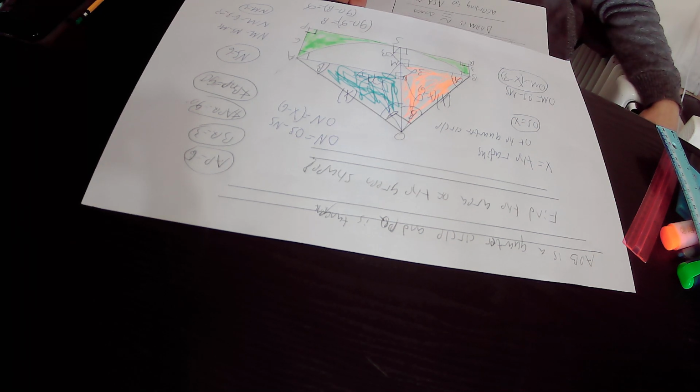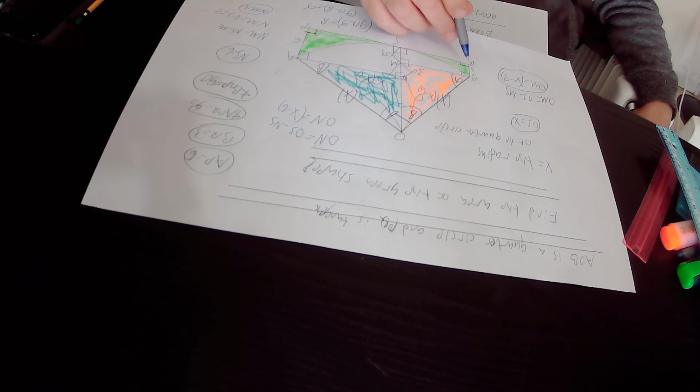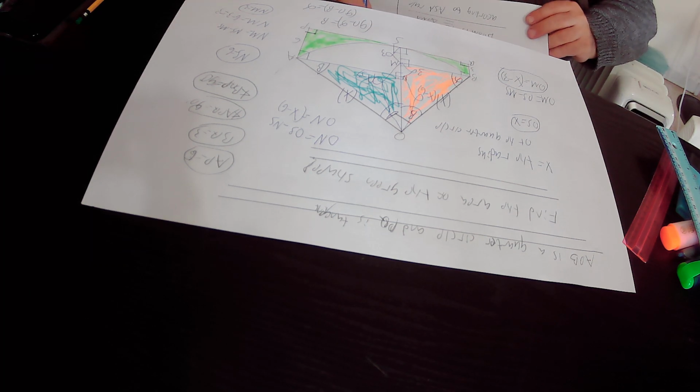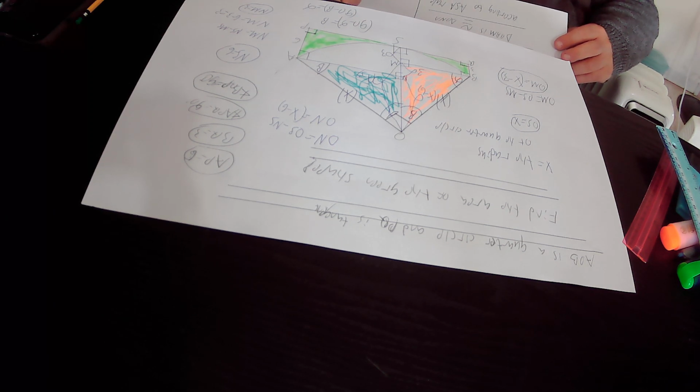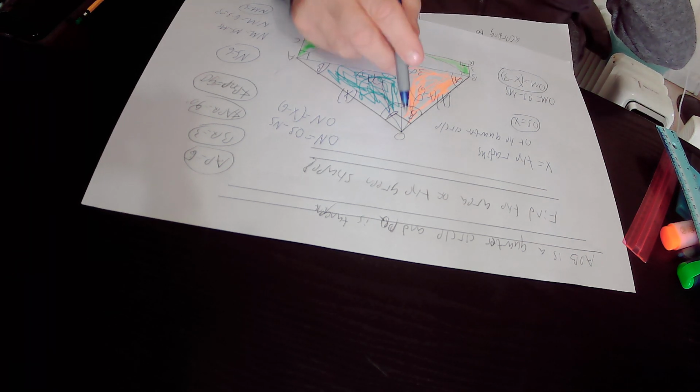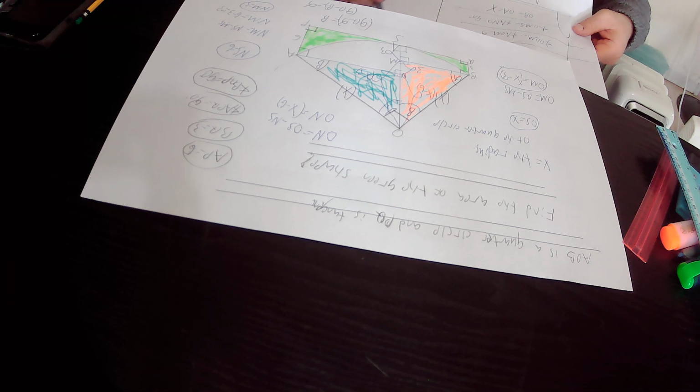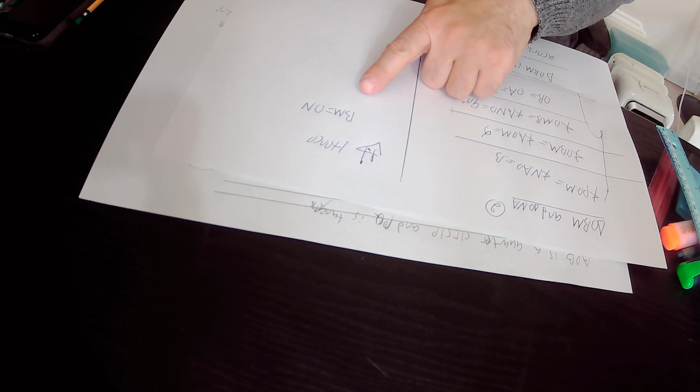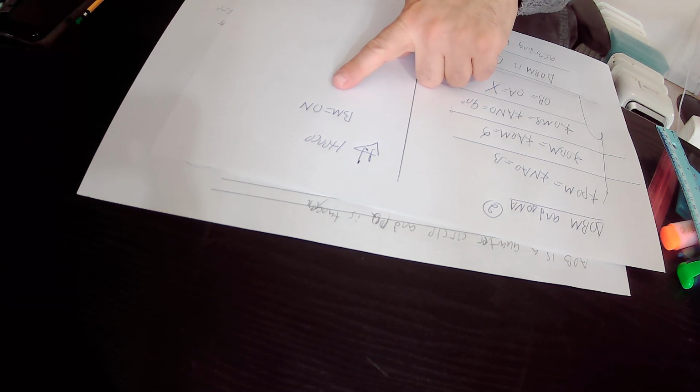And from the fact that those two right triangles can go into each other, we will derive that side BM in the orange triangle is equal to side ON in the blue triangle.